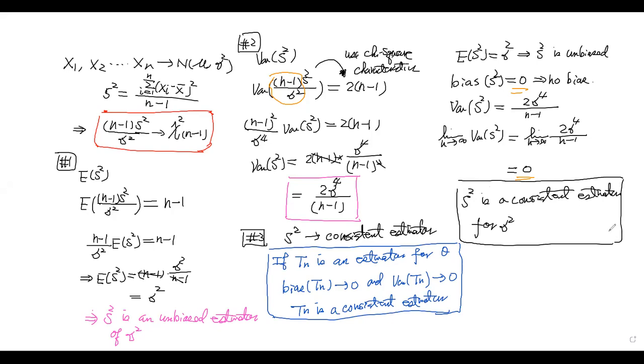So this is one very popular type of mathematical statistics problem related to the sample variance. The good characteristic about the sample variance is that it is an unbiased estimator for the population variance sigma square. Also, s square is a consistent estimator for sigma square when you sample from the normal distribution with mu and sigma square.